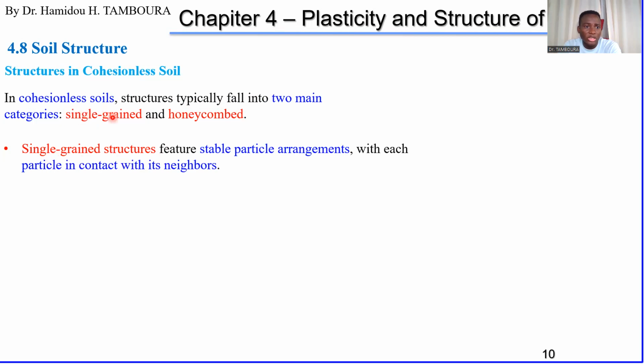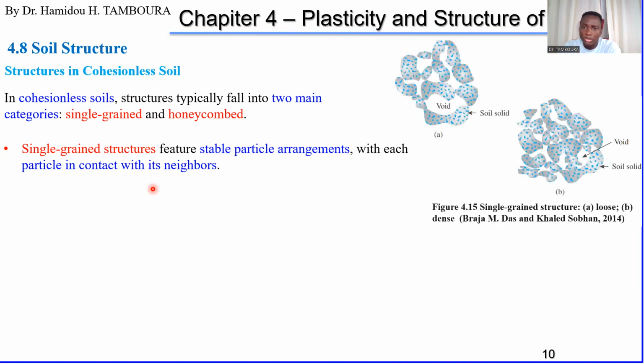If we consider the first one, the single grain structure, it features a stable particle arrangement with each particle in contact with its neighbor. In this case, you can see the particles are in contact with each other. This A is when we have loose sand, for example, the loose state of the soil.